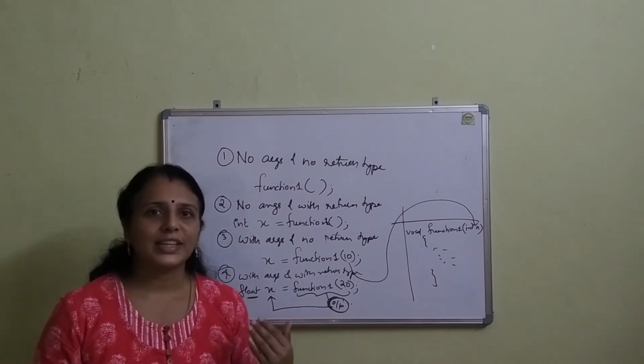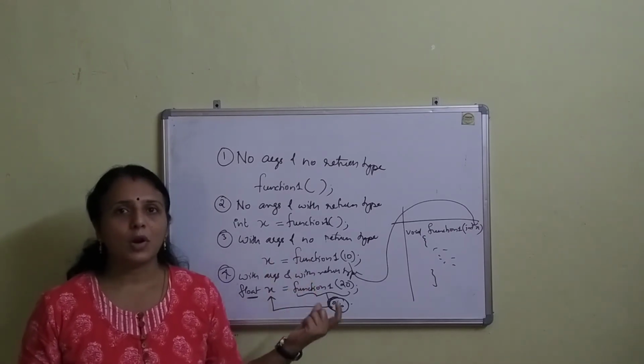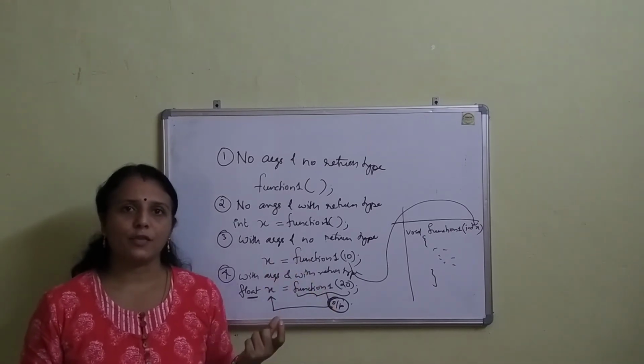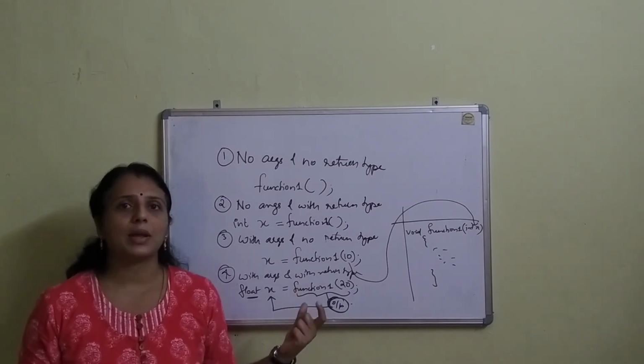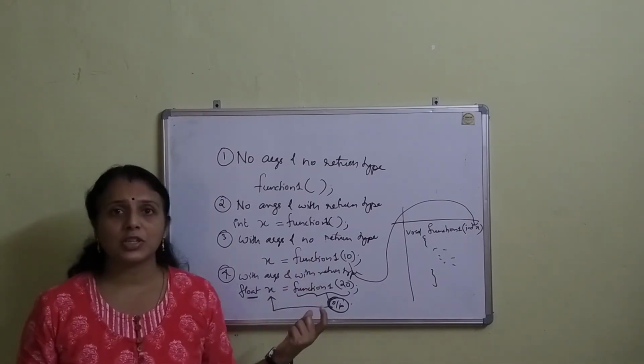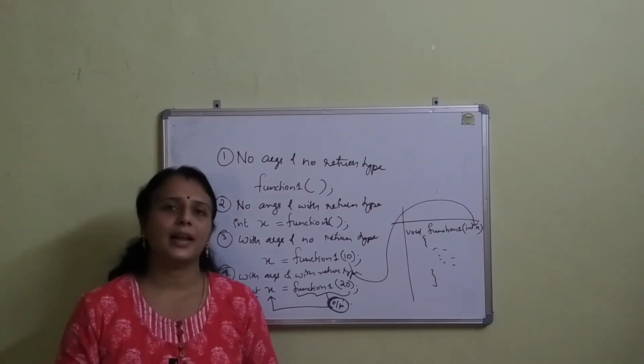This function is one of the important blocks in any programming language, whether it is C, C++, Python, Java, anything. Everywhere the function is an important building block for any programming language.